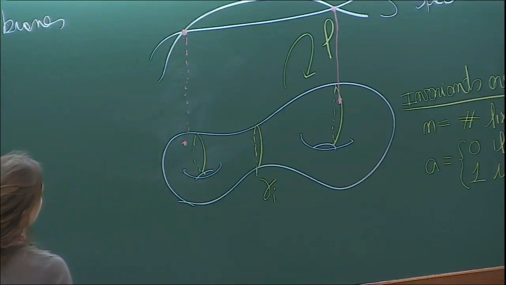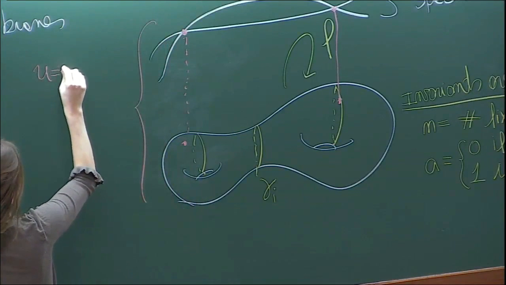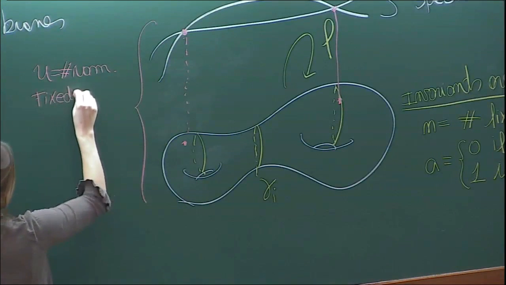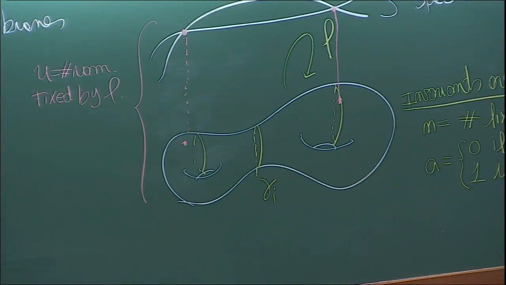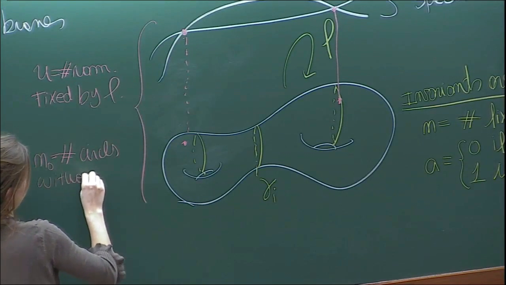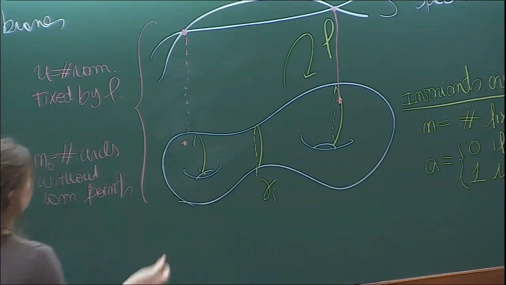So let's call in our setup, let me call U the number of ramifications fixed by F. And let's call N0 the number of circles without ramification points, of all the circles that we have. Why are we doing this? Because we're constructing these branes starting from an involution on the Riemann surface. So we need to, yes?